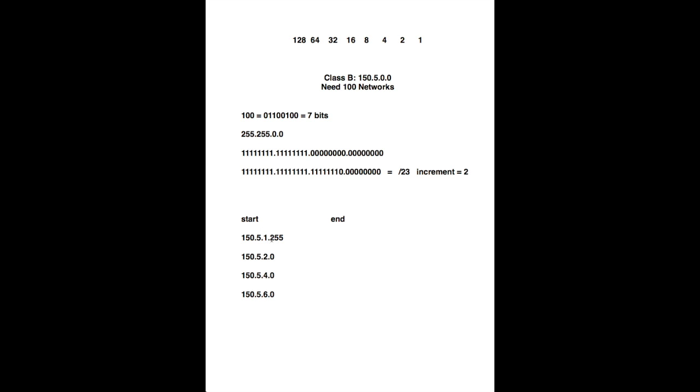Then this number will count all the way back up to 255, and then this number will change into a 2. You see how you can get so many addresses out of that, and that's why you get the most out of a Class A address. Alright, anyway, let's keep going.